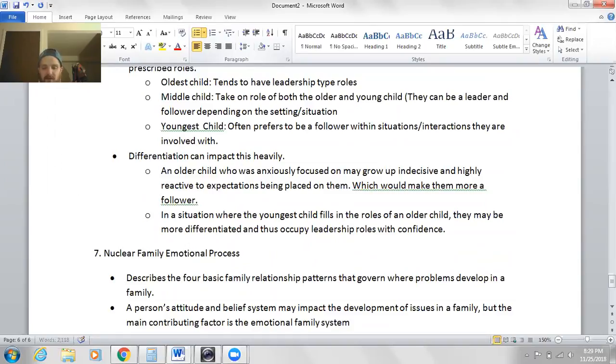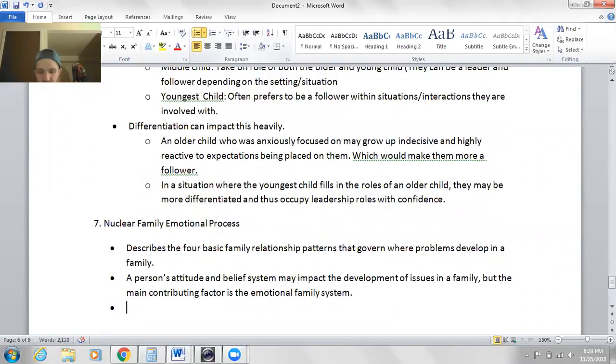So it doesn't really matter how differentiated or advanced someone is. The emotional state of one's family, they own it regardless of where they're currently at themselves.